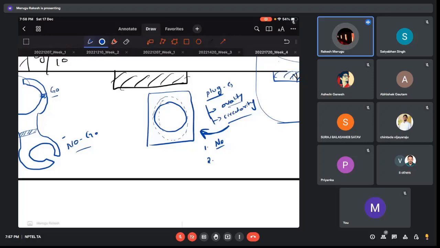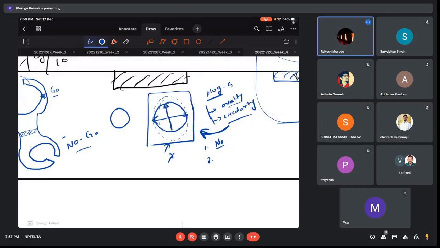So generally there will be no problem of circularity, because most of the products are standard. We use standard machine tools for producing these, so there will be no chance of circularity or ovality. But if you are using some special process and want to check, instead of using a solid gauge, you have to use needles.